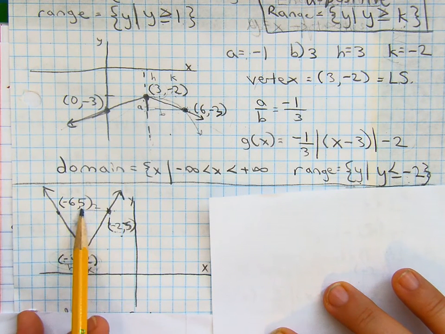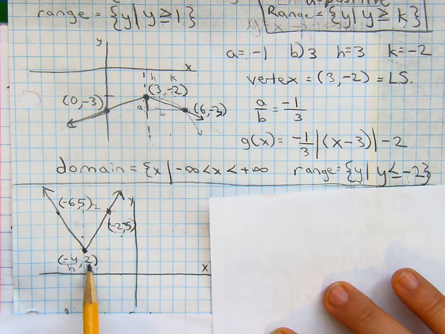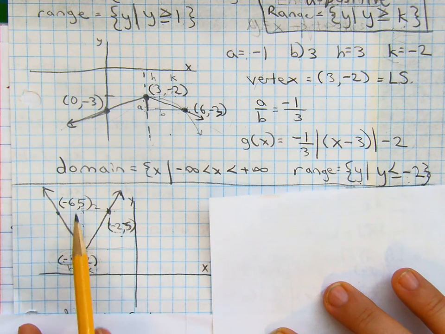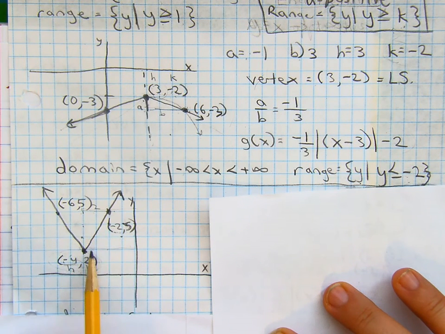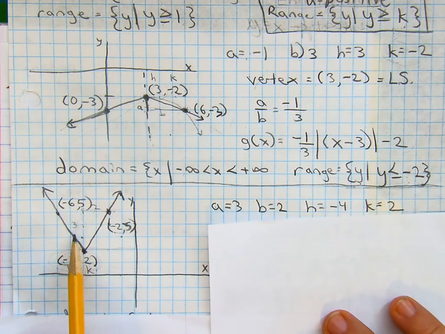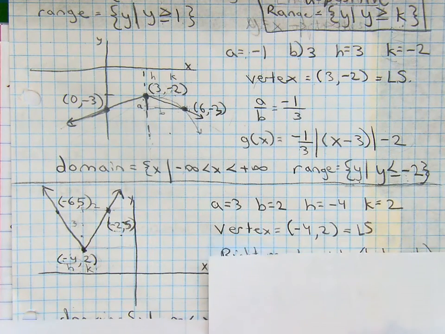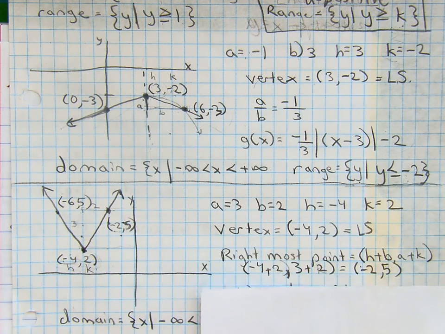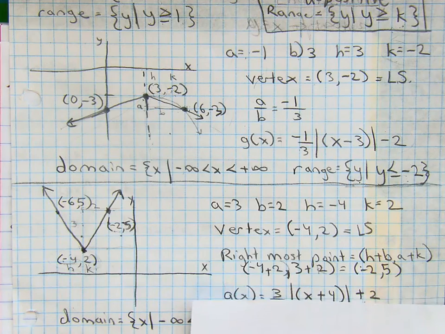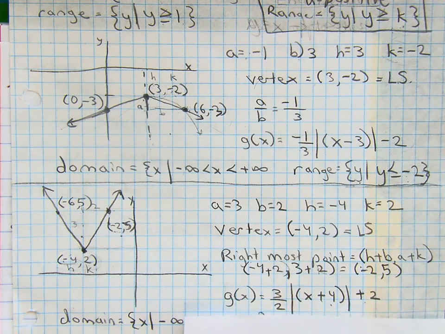And that's my b. My y is at 2 and goes to 5. So what do you have to add to that? You get 3. So that's my a. I have all my values. I know my vertex and my line of symmetry. And so I can plug them in.